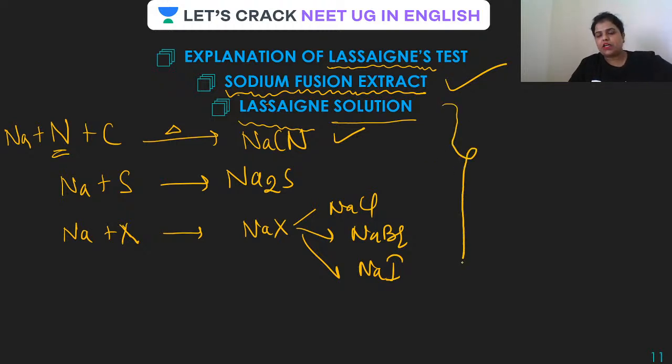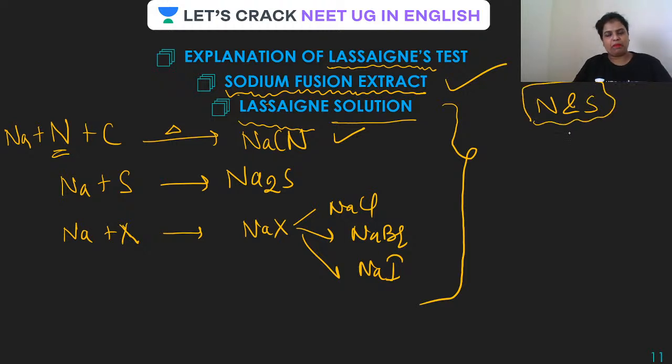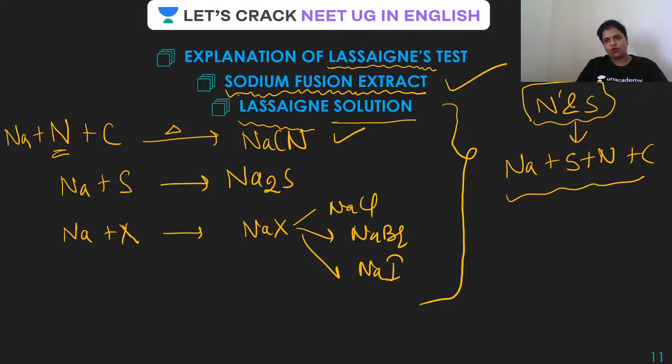But it may happen that there is some compound which has nitrogen and sulfur together, like two inseparable friends, a blood relation. So how are they going to react? Na plus sulfur plus nitrogen, and carbon is there. These two, nitrogen and sulfur, will form NaSCN.